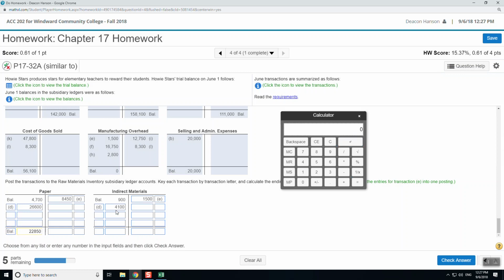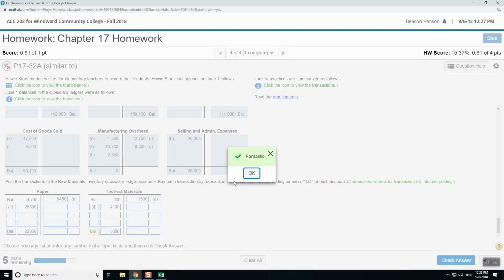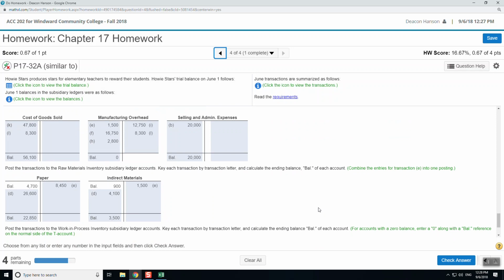And then I'll get the balance here, so 5,000 minus 1,500 would be 3,500. You guys okay with that? Fantastic. So really what you're doing is you're taking care of the detail in the raw materials account. How much of it was paper, how much of it was indirect material.